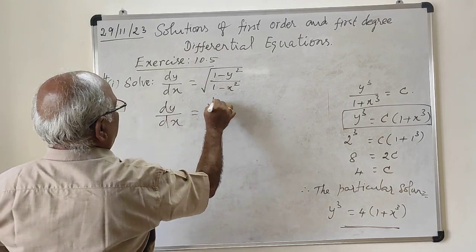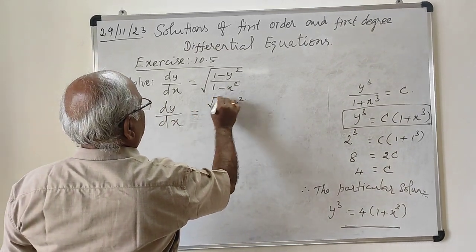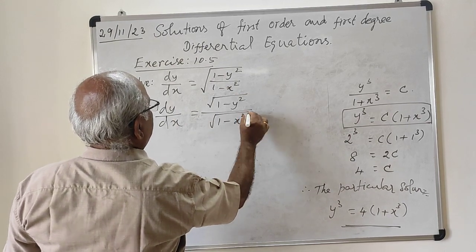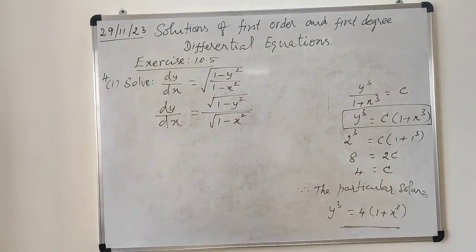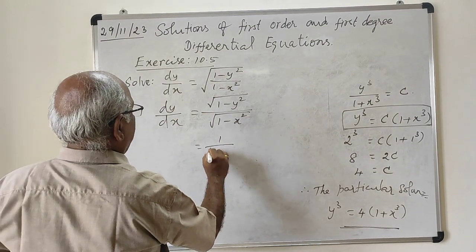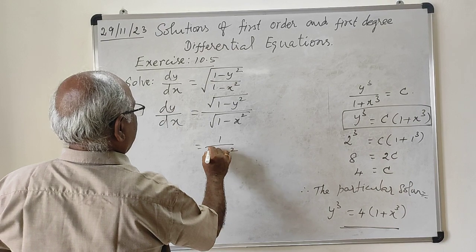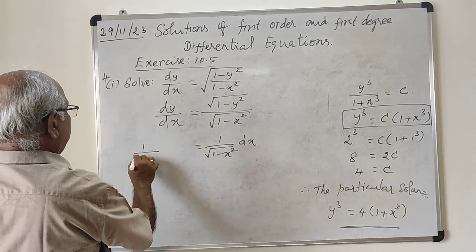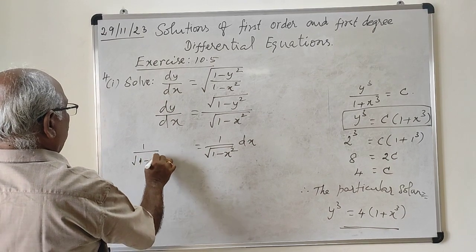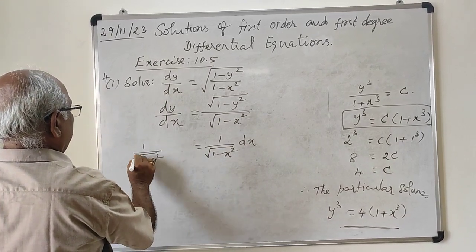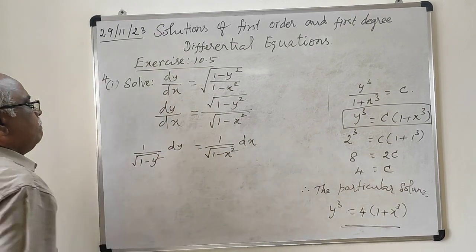This is root of 1 minus y square by root of 1 minus x square. You split this into numerator and denominator, and you take that dx to the right hand side. This is 1 by root of 1 minus x square into dx, and bring the root of 1 minus y square to the left hand side, becomes 1 by root of 1 minus y square dy.